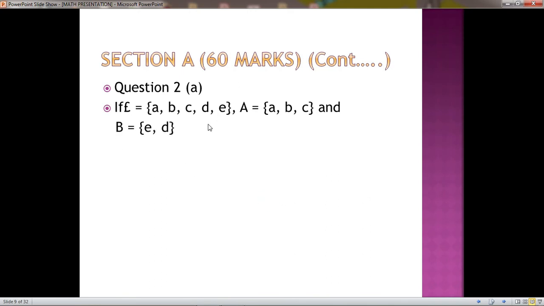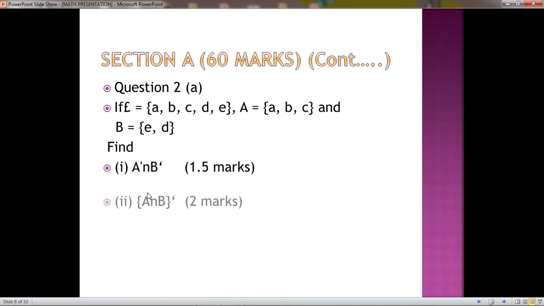You're given that the universal set E is A, B, C, D, E, and set A is A, B, C, and set B is E, D. We are to find, Roman 1, A complement intersection B complement, 1.5 marks, and Roman 2, A intersection B complement, 2 marks.